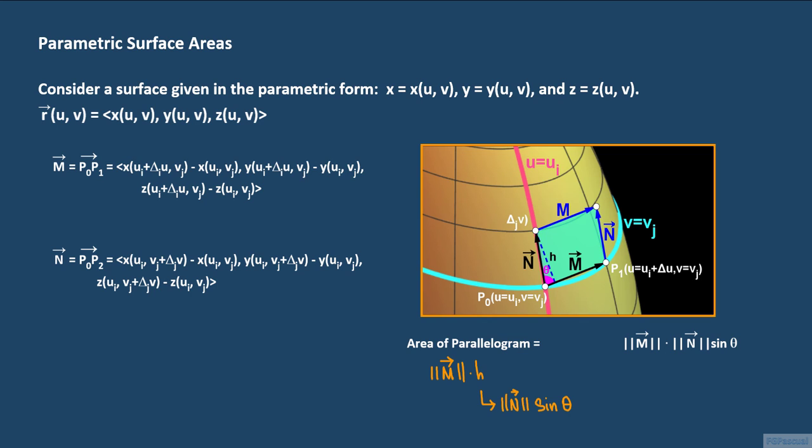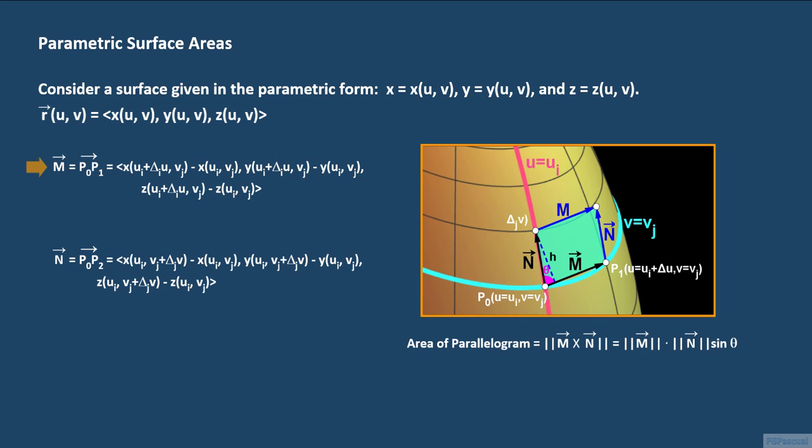Most of us should recognize that this quantity is simply the magnitude of the cross product between the two vectors m and n. To find the cross product between the vectors m and n, we use differentials to approximate the components of m and n.